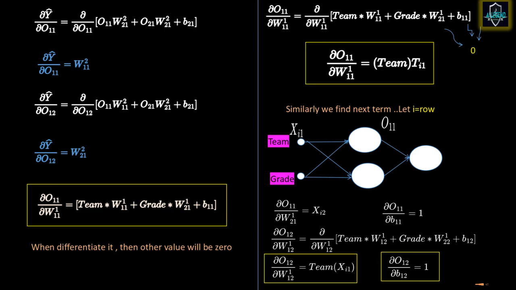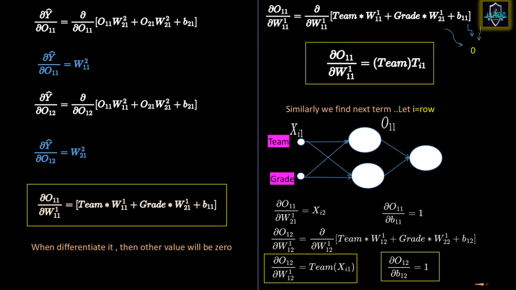Then ∂O12/∂W112 is equal to ∂/∂W112 of the expression inside the square bracket: x times W112 plus y times W122 plus B12.